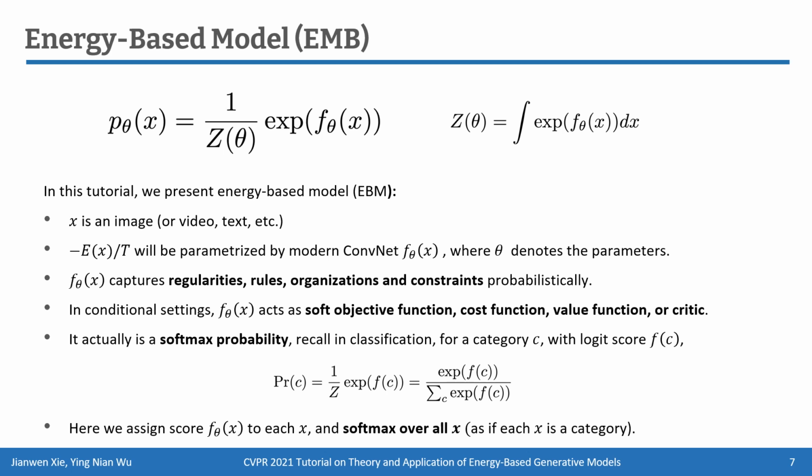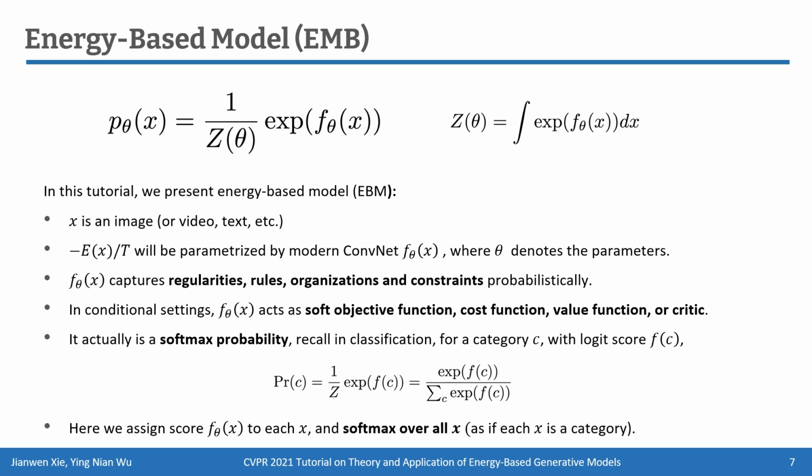In this tutorial, we are going to present the energy-based model. X can be an image, a video, or a text. The negative energy function divided by the temperature T will be parameterized by a modern ConvNet, f of X, where theta denotes the parameters.